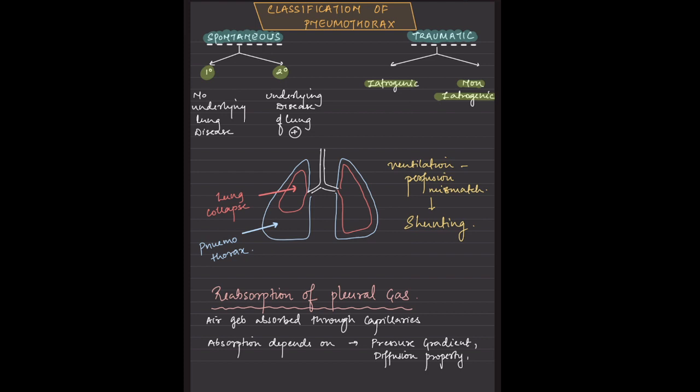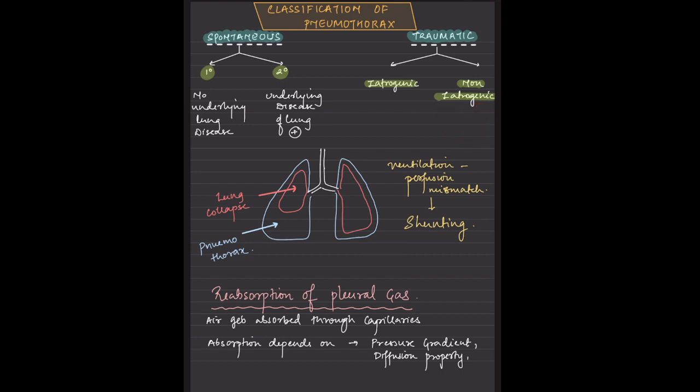Then coming to the traumatic one, it could be iatrogenic or non-iatrogenic. Iatrogenic means certain thoracic surgeries, lung biopsies, transthoracic tube insertion procedures or subclavian line insertion can cause it, and non-iatrogenic is in blunt trauma.